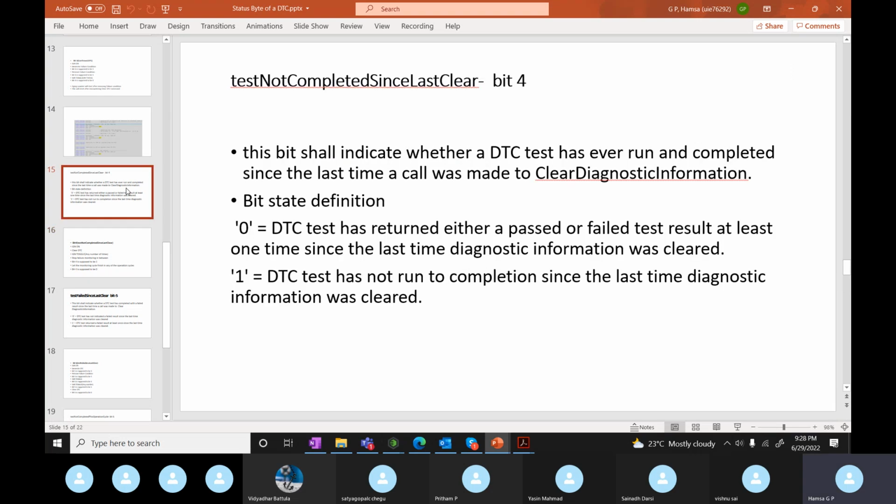If I keep doing the ignition cycle 40 times, the previous history is automatically deleted. Does the fourth bit remain 0 or 1? Based on the fault. If you read the fault and there is no fault, then it will be 0.